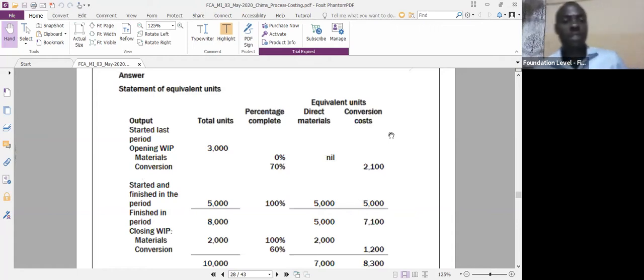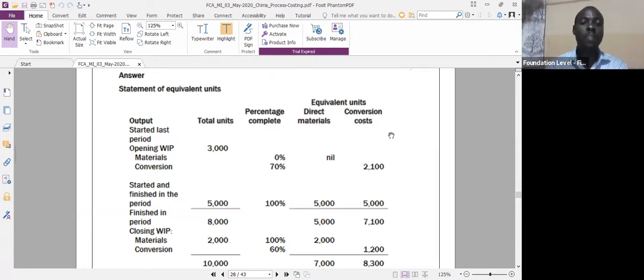So the statement of equivalent unit. So look at the equivalent unit. This statement is very important because that sets the tone as to how this is different from weighted average. Okay, first of all, we have 3,000 units of work in progress.